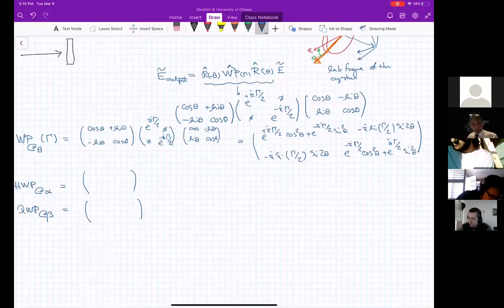Okay, so that's the matrix, and now I can replace gamma by pi for a half-wave plate.